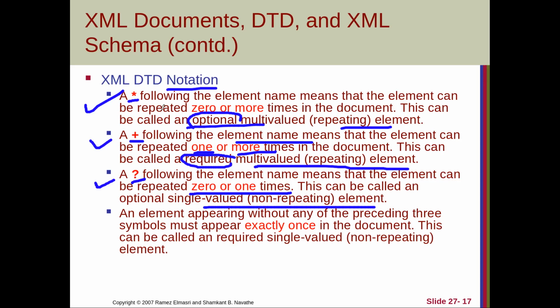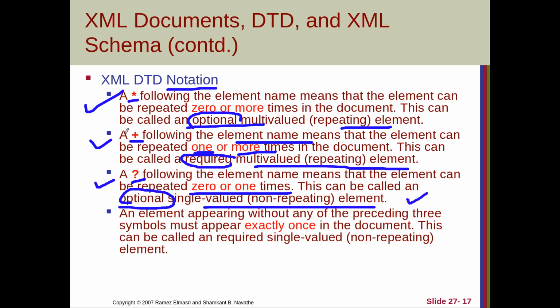So star means optional multi-valued repeating element, plus means required multi-valued repeating element. Question mark means 0 or 1, that means a single valued non-repeating element. We cannot have repetition, we can have a single value, but that is optional also. So optional single valued 0 or 1, but non-repeating, we cannot have more than 1.